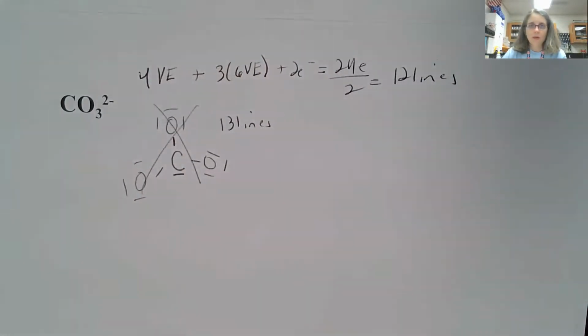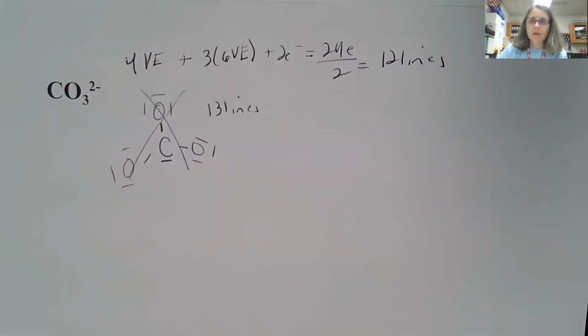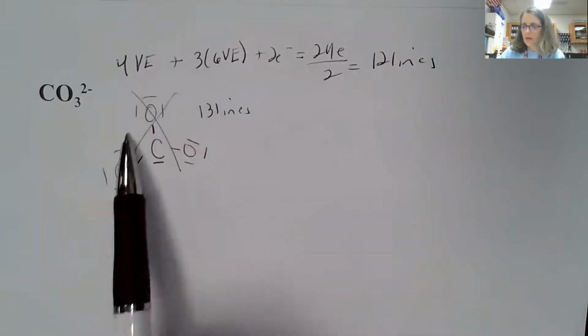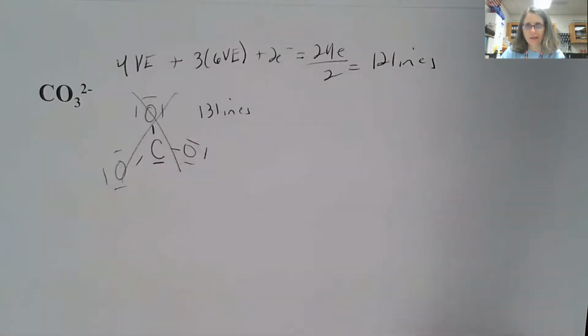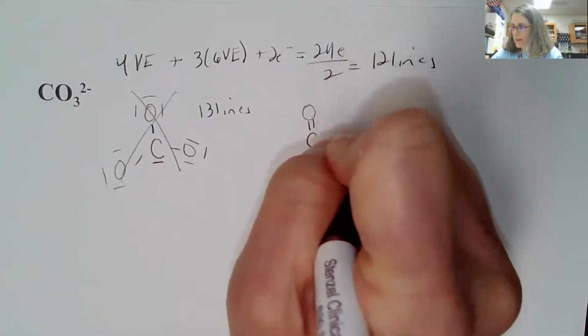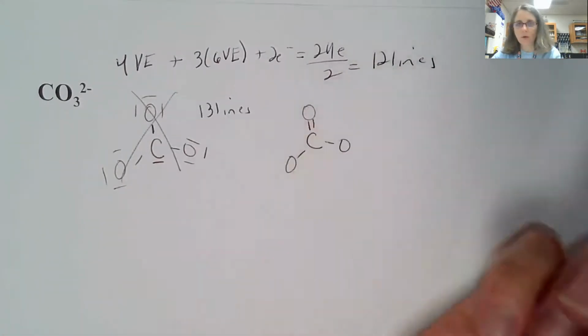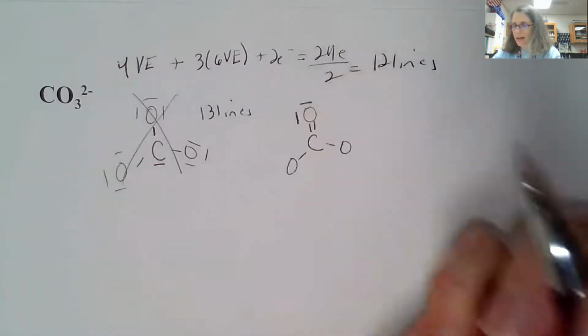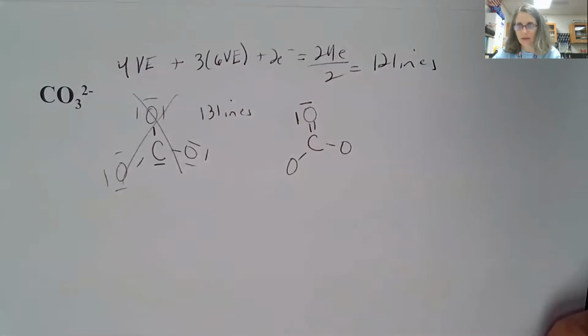Okay, so what you're going to find with some of these, you might want to use a pencil sometimes so that if you make a mistake, you can erase things and try again. In this original structure, everything was single bonded. So what if we did a double bond? Well, if we draw a double bond on one of the oxygens, which is perfectly fine, I could only put 2 lone pairs on that oxygen.